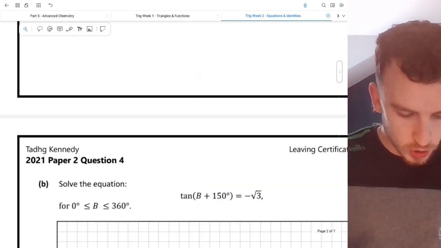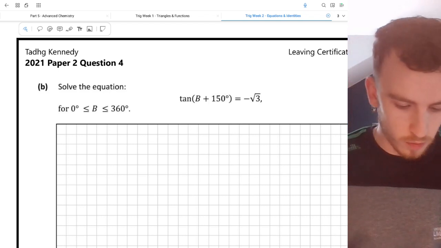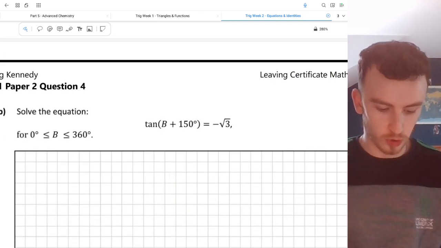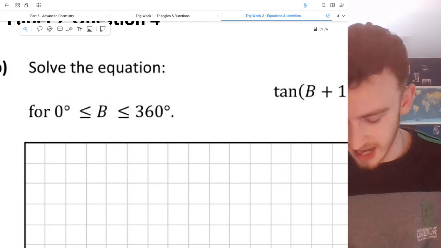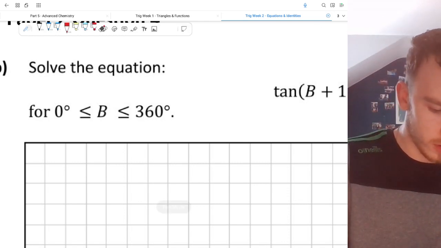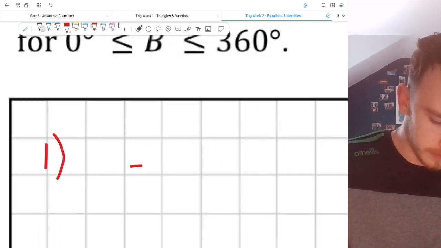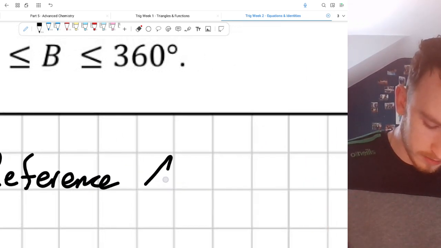So 2021 paper 2 question 4. Solve the equation tan(b + 150) is equal to minus root 3 for b between 0 and 360. So we're working in the same range as last time. So we're going to do the very same again. We're going to find, first of all, our reference angle.